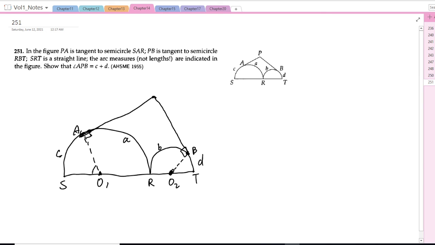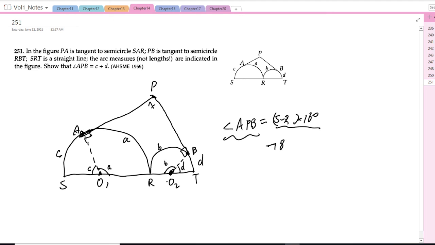So we know this angle is C, this angle is A, this angle is B, and this angle is D. Okay, so this is P, and we want to solve the angle APB, right? So APB is within the pentagon APBO2O1.